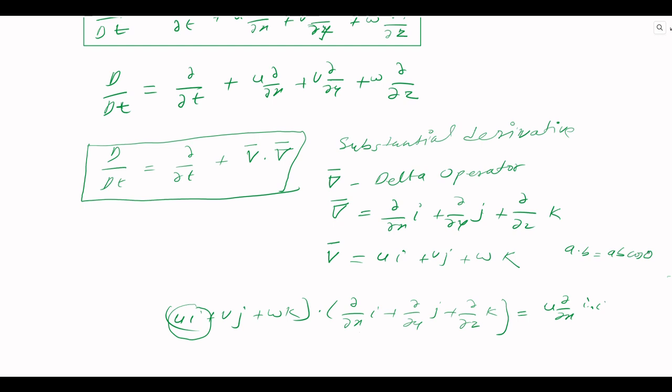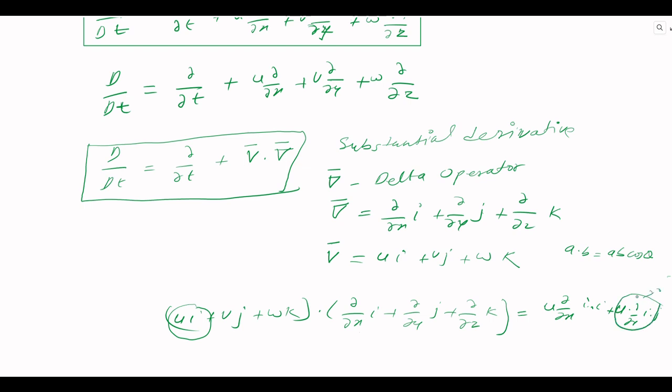Here theta is 0, same direction i, or these are unit vectors, so 1 into 1, cos 0 is 1, so the value is 1. The other term, u i dot partial by partial y j, becomes 0 because i dot j is cos 90, which is 0. So those terms are 0.